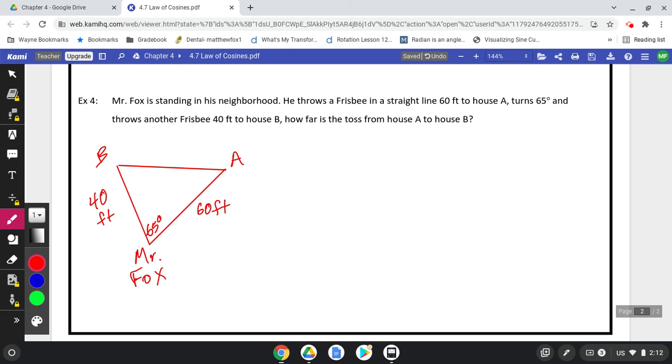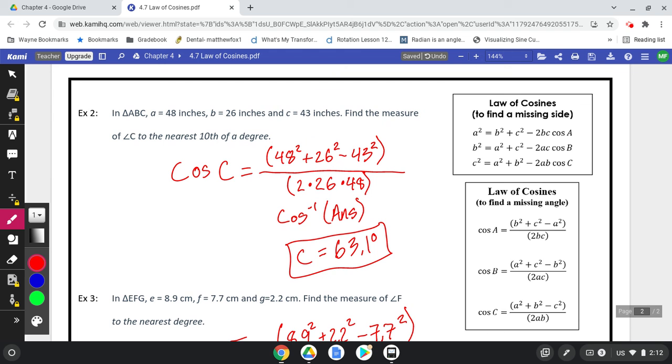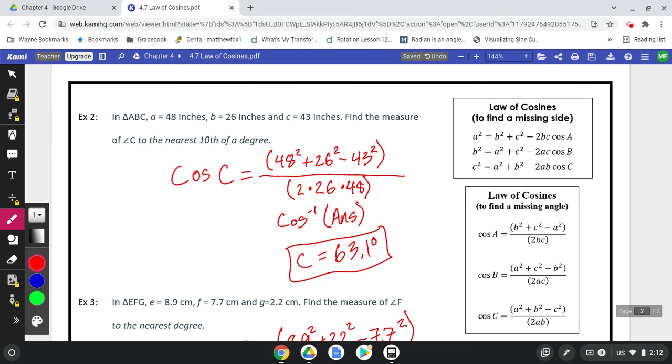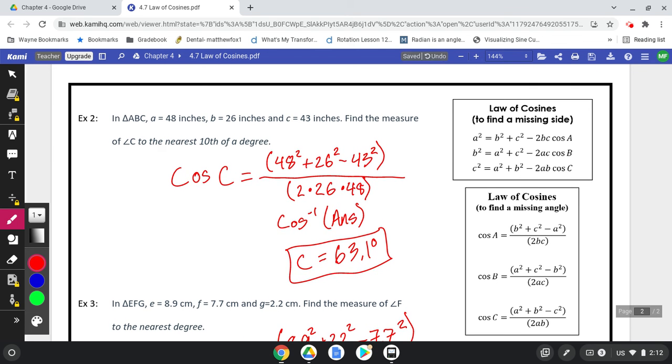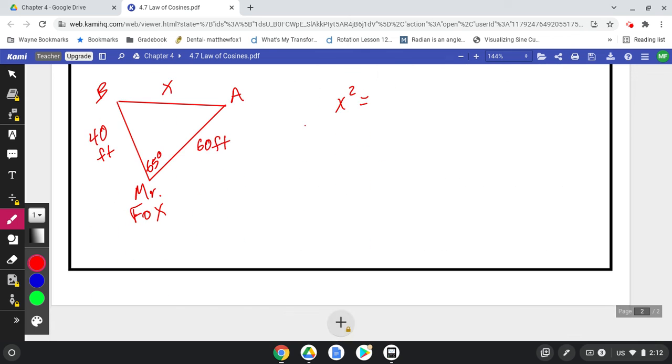And another question to ask is, are we finding a side or an angle? Hopefully you know we are looking for this little side x. Okay, so x squared will equal, follow that formula you had up above, right? We just square each of those sides we do have minus 2 times those two sides times the cosine of the angle.